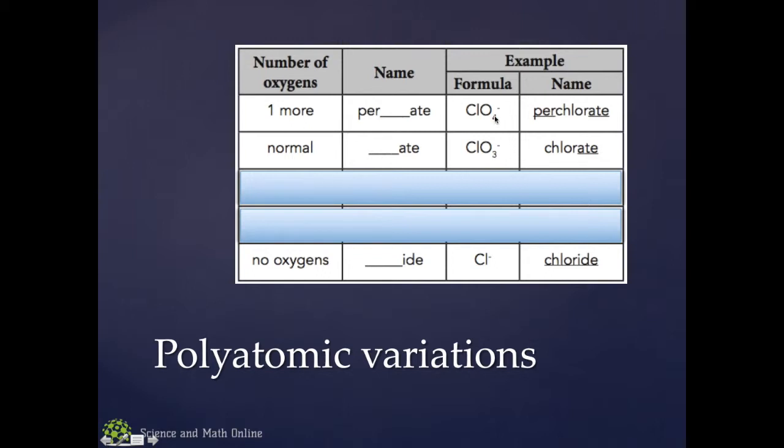I went from 3 to 4. Now the per here, I like to think, is short for hyper. Because if you're more of something, you're hyper, like you're hyperactive, hyper-focused, whatever. So I think of the per as short for hyper. That's kind of how I memorize what it means. So it means I have more oxygen. I've got more, so I'm hyperoxygenated. I'm per-ate. Okay.